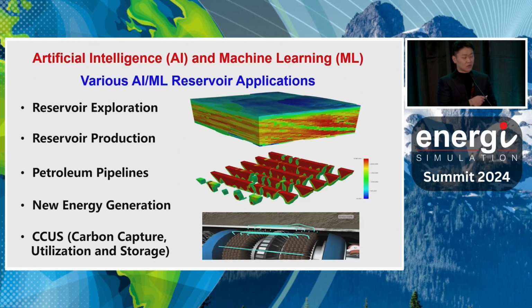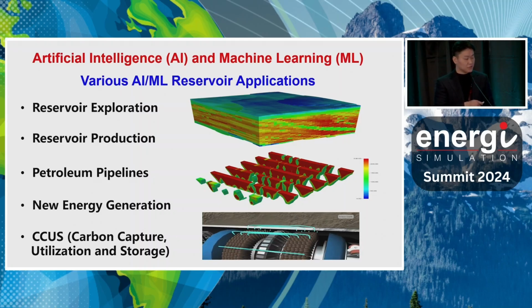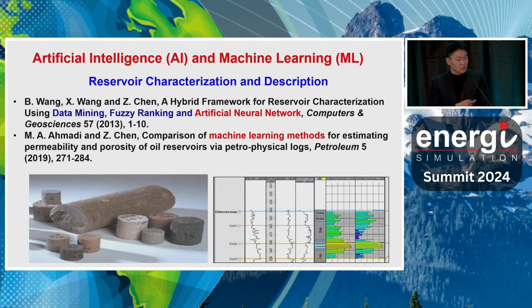This kind of data model can be used in the oil and gas industry for wide applications, including reservoir exploration, reservoir production, petroleum pipelines, new energy generation, and CCUS. In our group, we have used the data-driven model for reservoir characterization and description.